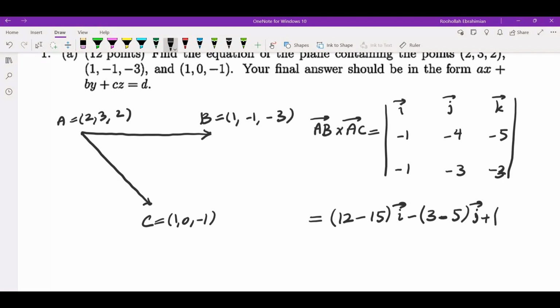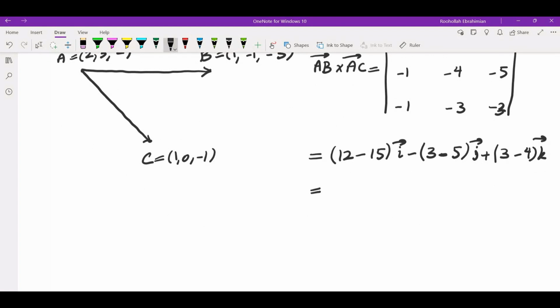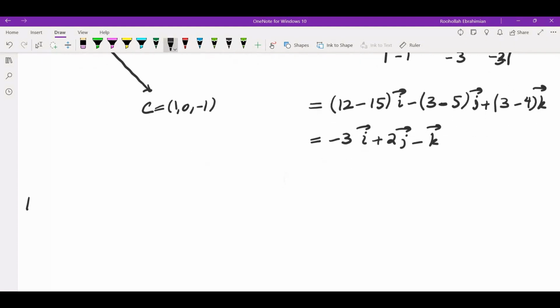And then plus, eliminating the last column, we get 3 minus 4k. So simplifying that, we get minus 3i plus 2j minus k.